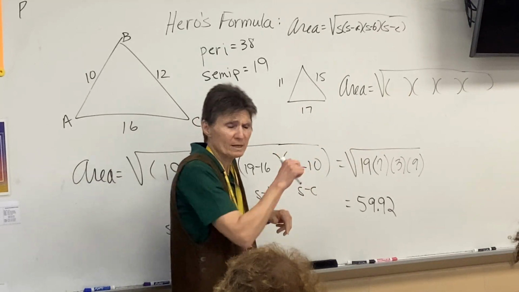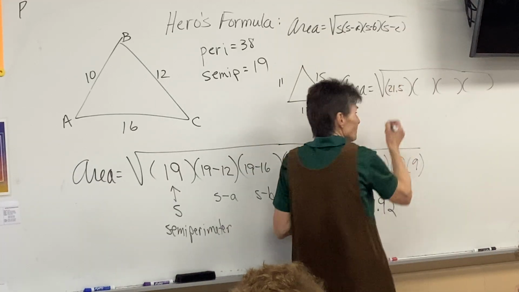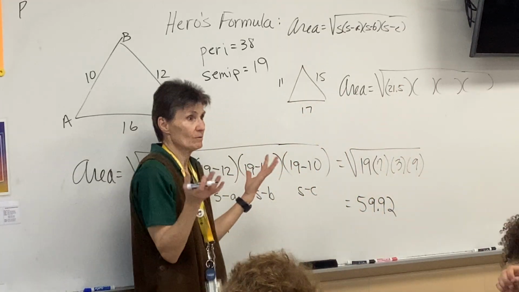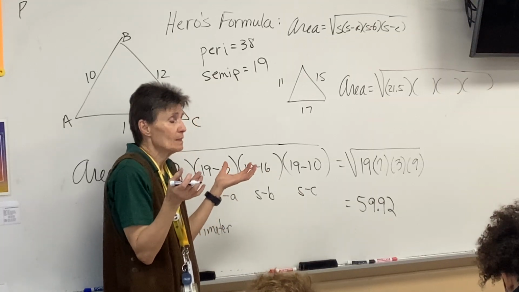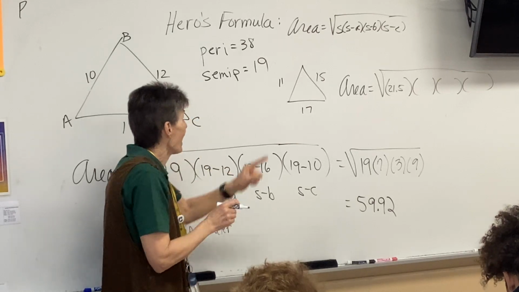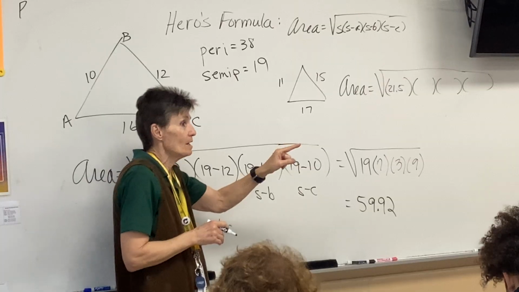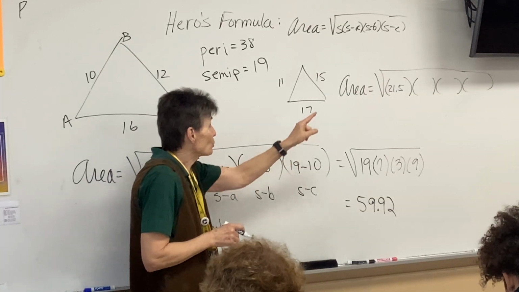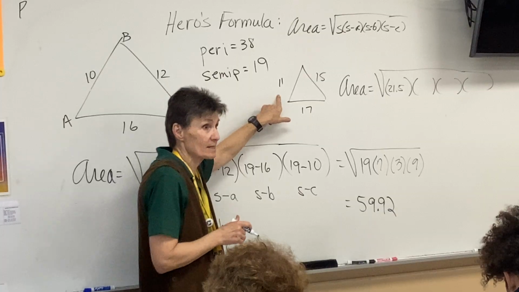So half of 43 is 21.5. Don't be alarmed, you have a calculator. Fraction, decimal, that's okay. And then what goes in the other parentheses? Not 11, 15, and 17. What goes in there is 21.5 minus each of these.